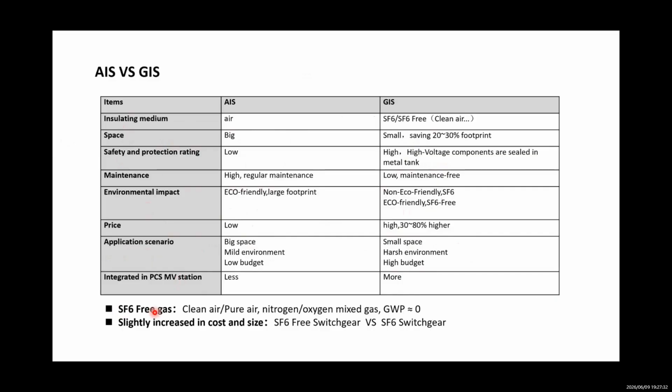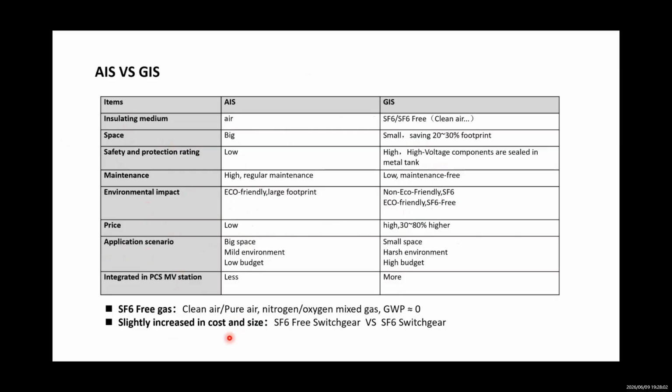Here are some typical types of SF6-free gas: clean air, pure air, nitrogen or oxygen mixed gas. Basically, GWP is 0. And there are slight differences between SF6-free switchgear and SF6 switchgear.